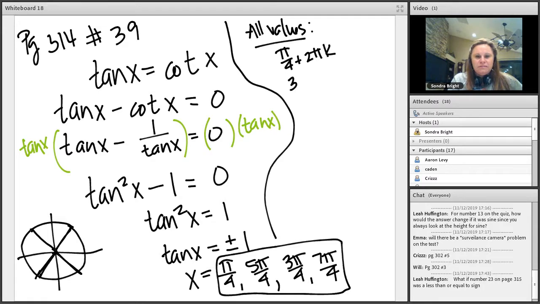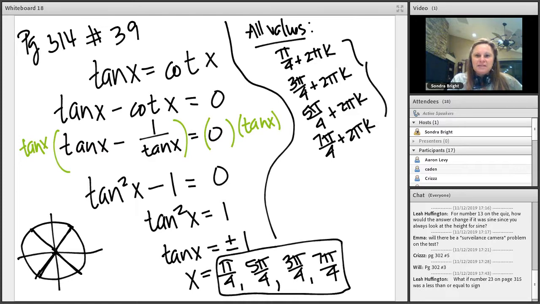And 3 pi over 4 is the next one, really. Plus 2 pi k. And then 5 pi over 4 plus 2 pi k. And 7 pi over 4 plus 2 pi k, where for all of these, k is an integer.